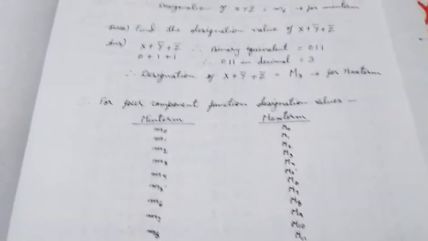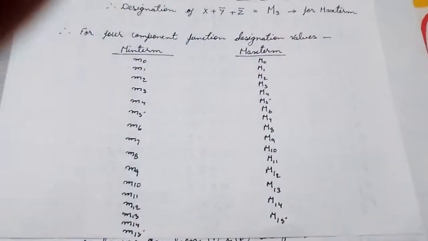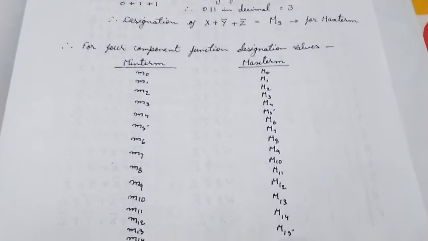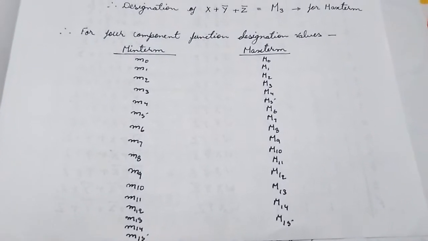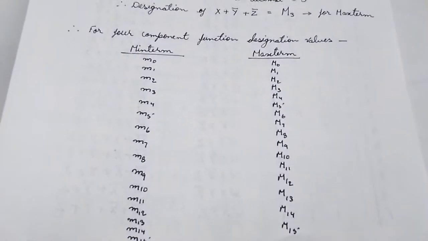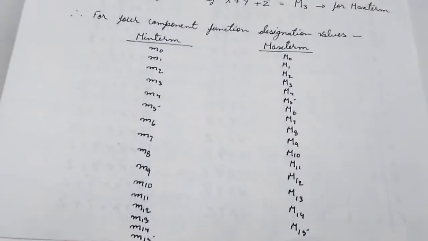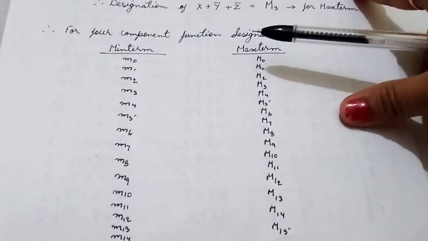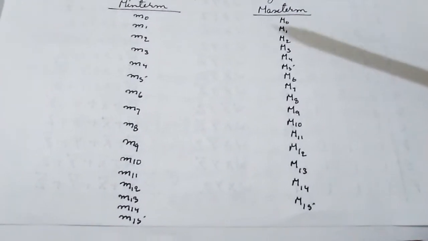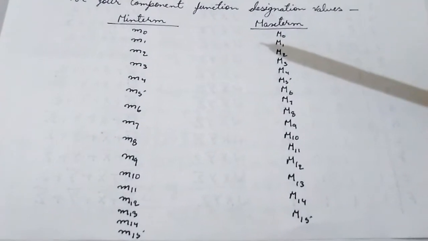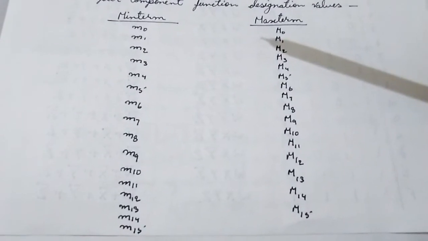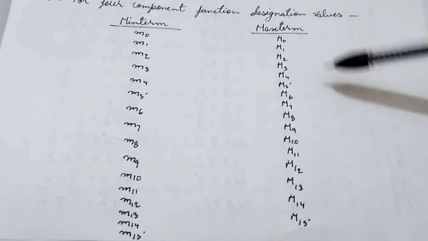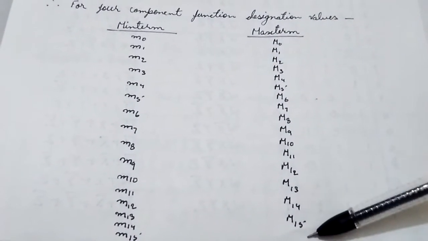Let us go to a table of the designation values. This is a normal table of designation values. It is important to understand that, as we have done in the table with A, B, C, D, after 9 we used to denote 10 as A, B, C, D, E, F. The designation values are in continuation.